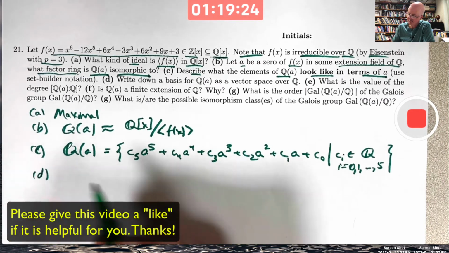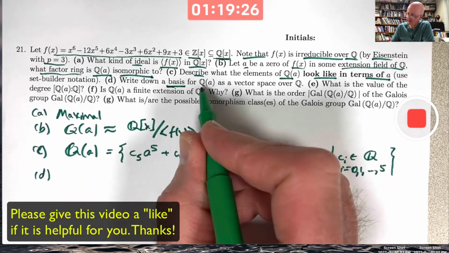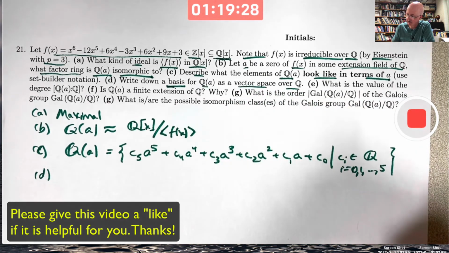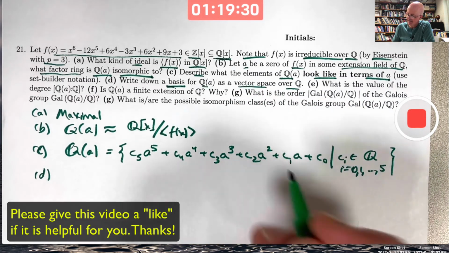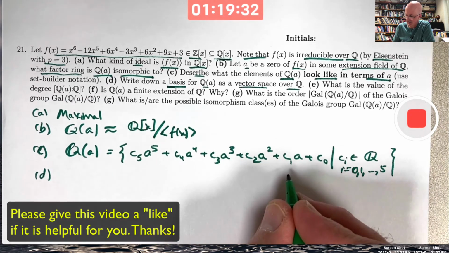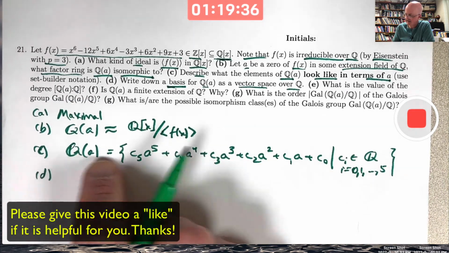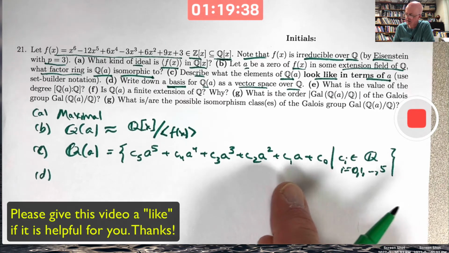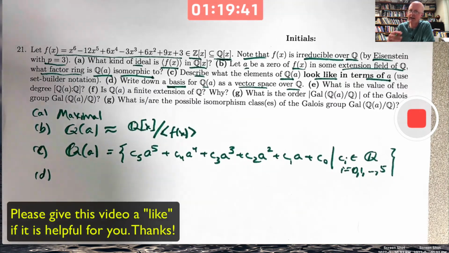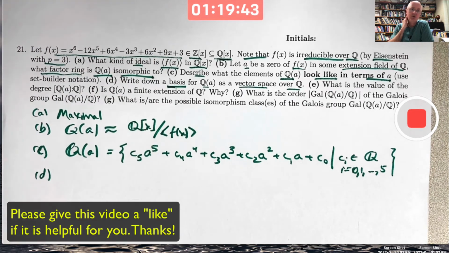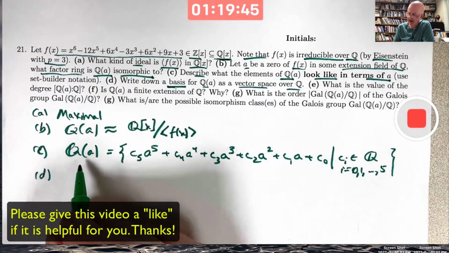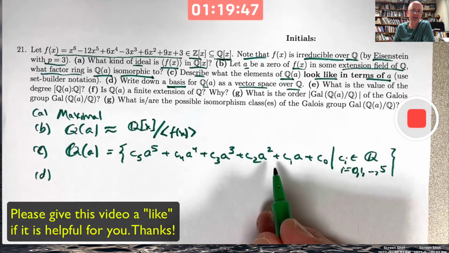Part D, write down a basis for Q of a as a vector space over the smaller field Q. Effectively, it's this theorem with a little extra. What this equality is saying is the powers of a, starting with a to the 0 and getting up to a to the 5th, do span Q of a. Every element of Q of a can be written as a linear combination like this.